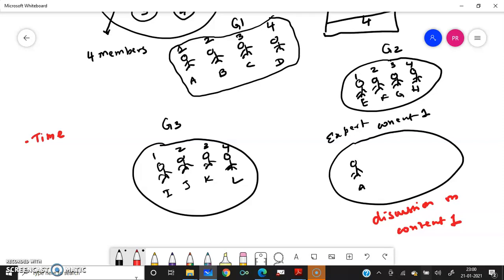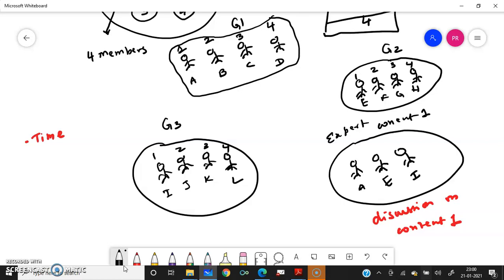The expert group consists of A from G1, E from G2, and I from G3.